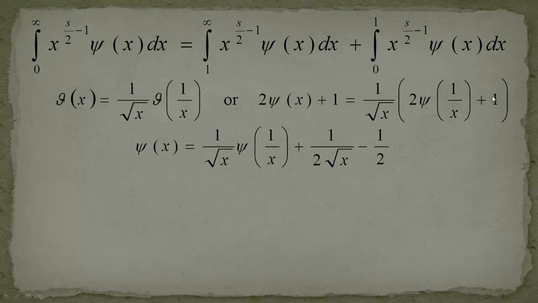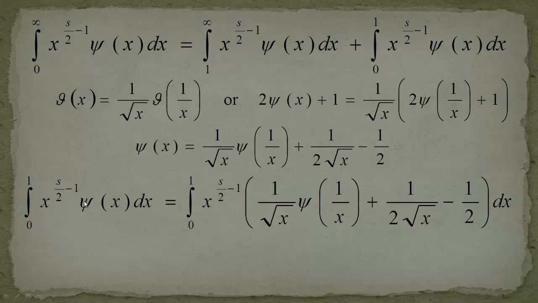We have plus 1 over square root of x. If we divide by 2, we will get a 2 here, and we subtracted 1 and divided by 2, we get minus 1 over 2. Okay, just replace this into this equation. It is nothing else but psi of x replaced by this guy that we found earlier in this integral.